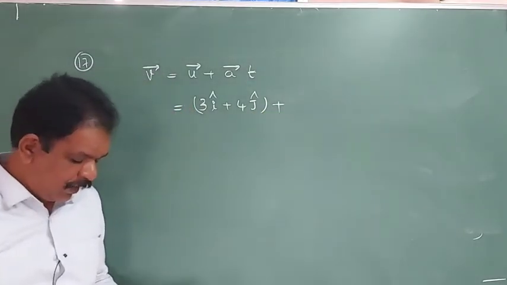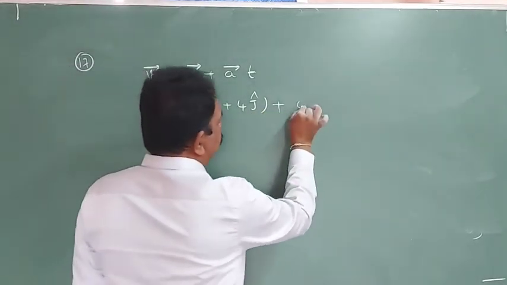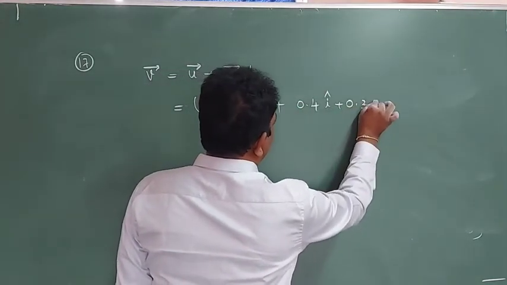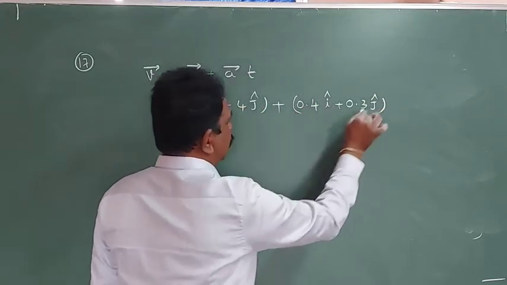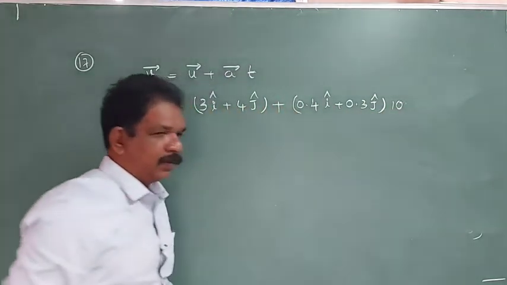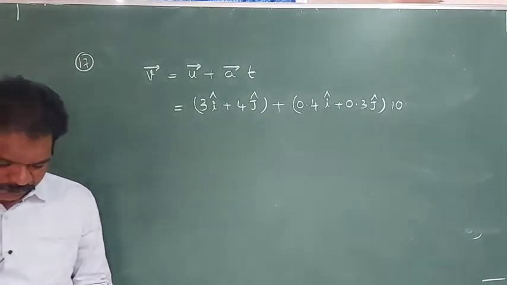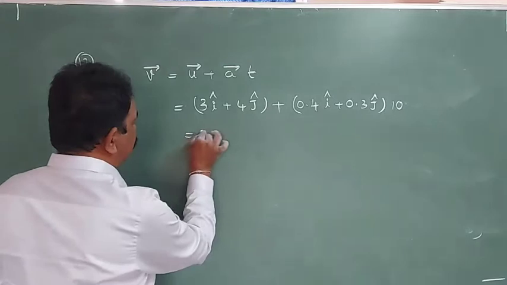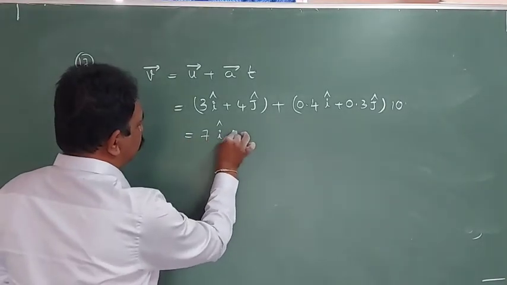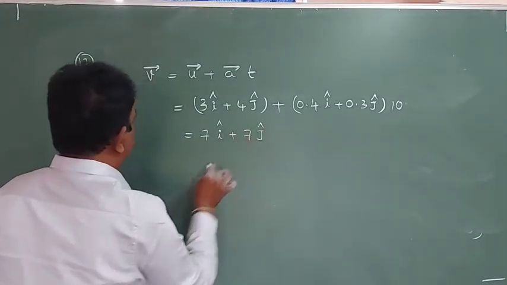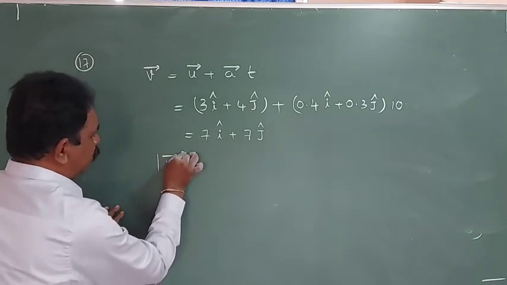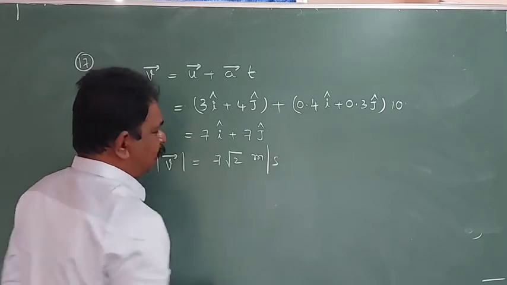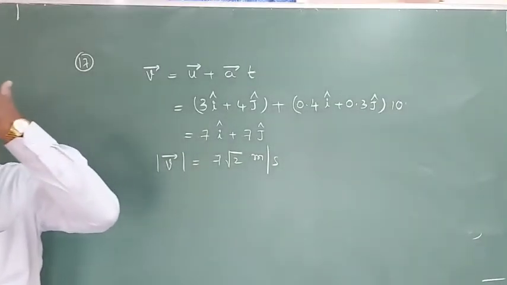plus a bar value will be 0.4 i cap, 0.3 j cap into 10. Okay, so this value 7 i cap plus 7 j cap, modulus of v bar will be 7 root 2 meter per second.